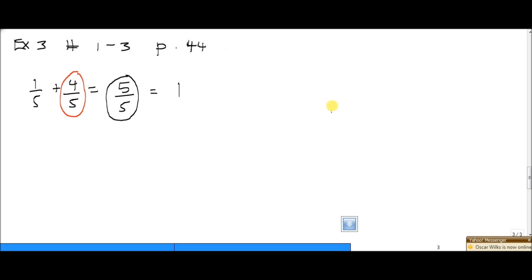Okay, and we can show that. I have 1, 2, 3, 4, 5 parts, and I have 1 part. That's where our problem started. How many more pieces would I need to put with it? Each of these sections would be called 1/5.